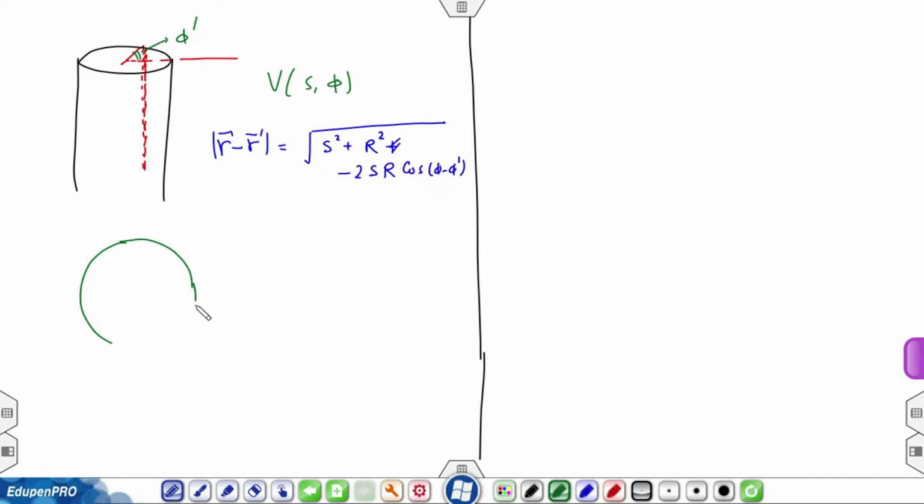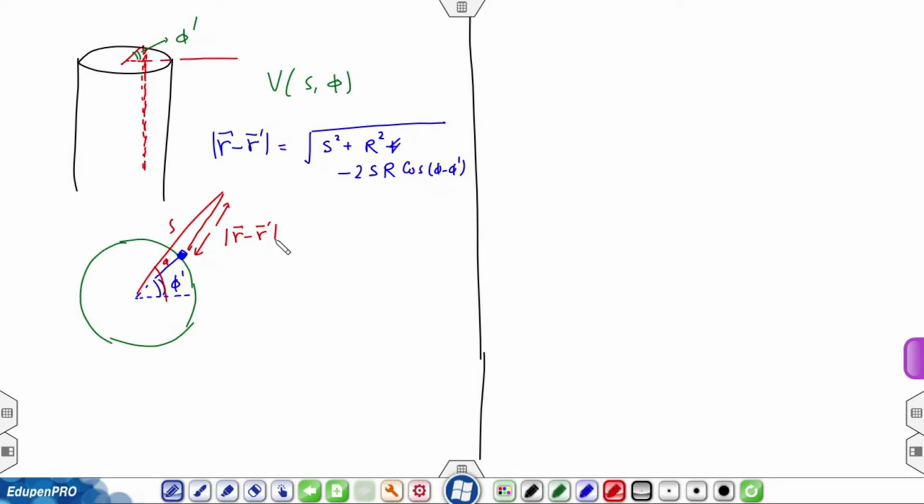You can easily see it. So, I will do that. Here is this strip at phi prime. I have the point at s and phi, and this is the distance I am calculating. This is modulus r minus r prime in this two-dimensional thing, right.